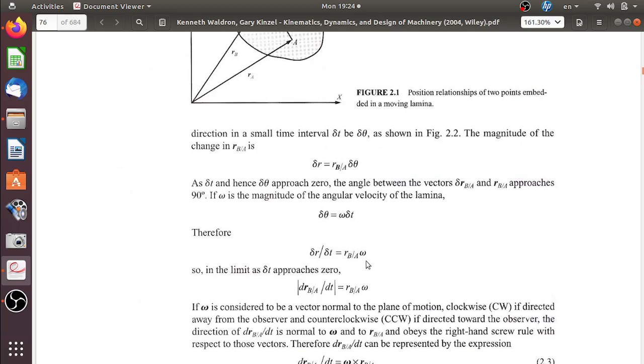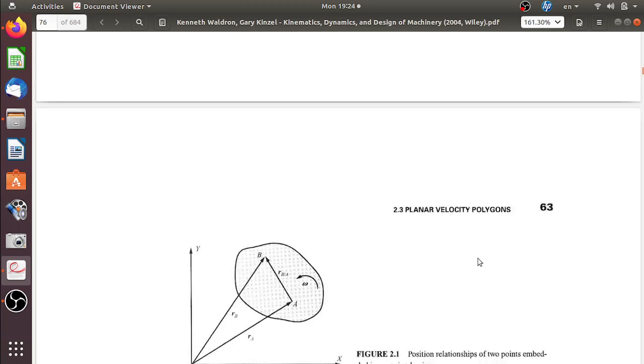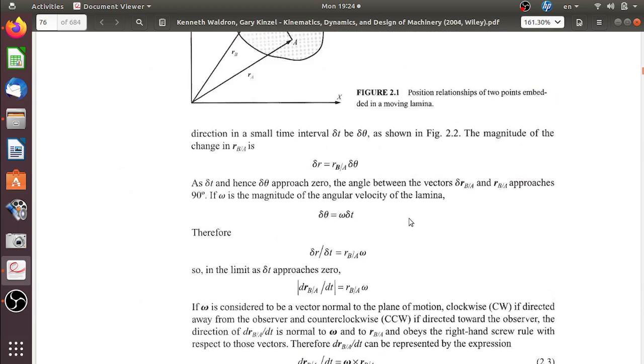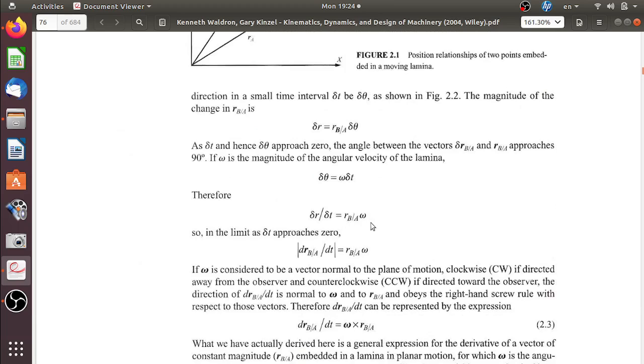That's representing the magnitude of that particular term. That term is actually a vector, but its magnitude is this, which is what is given here.